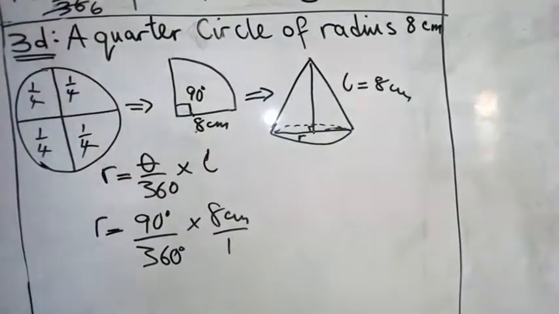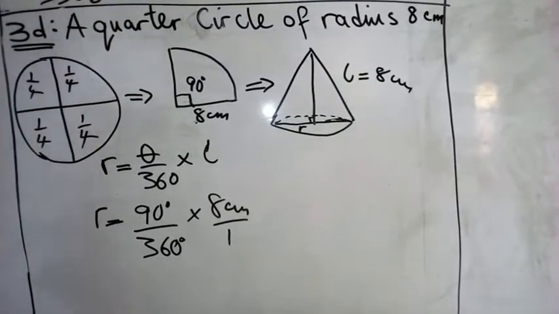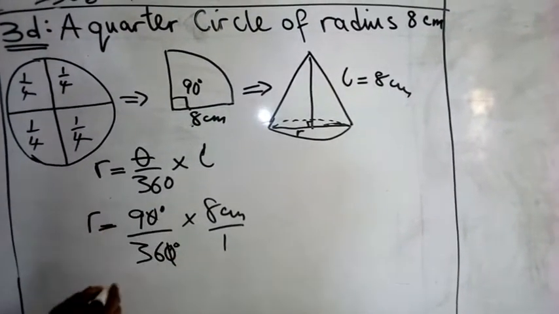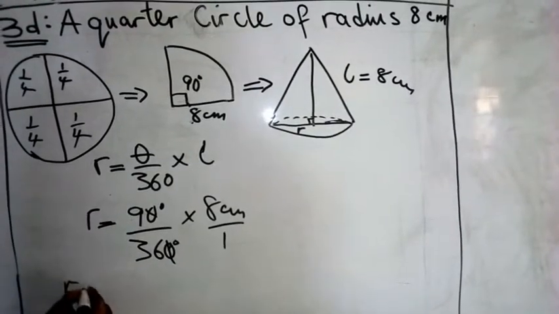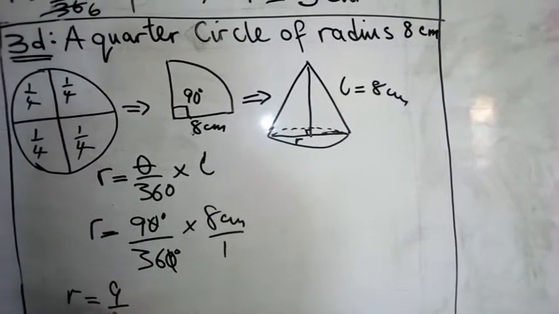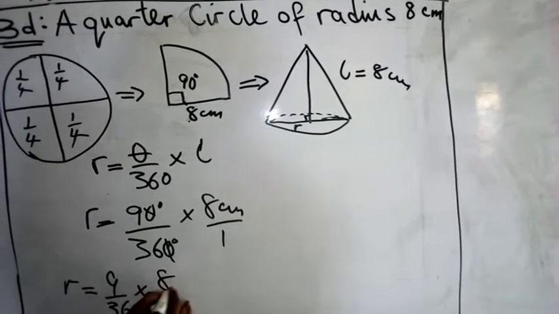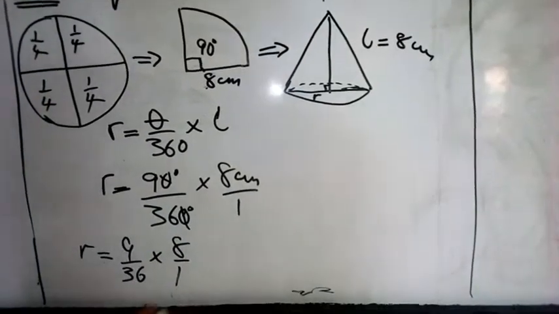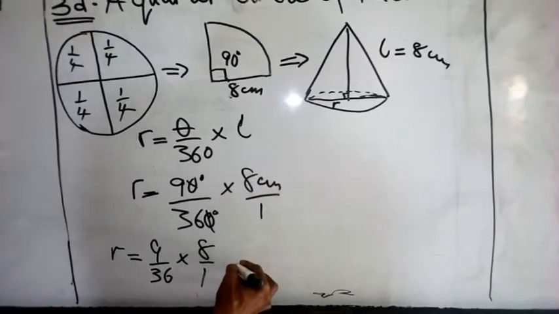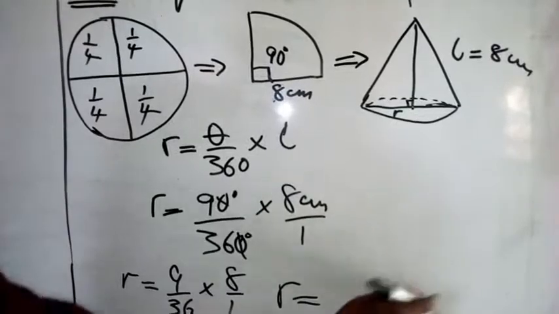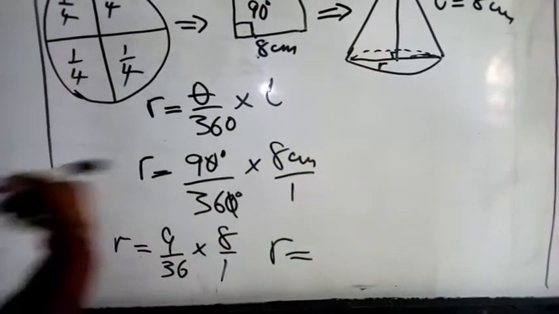By the time you reduce this to its lowest term, you have radius is equal to 9 over 36 times 8 all over 1. 9 over 36 is going to be 1 over 4.